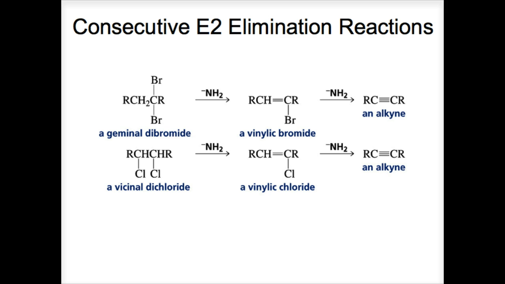Here's consecutive E2 elimination reactions that can be used to make alkenes, which could include conjugated dienes, and alkynes. Alkyl dihalides can undergo 2 consecutive dehydrohalogenations, giving products that contain 2 double bonds.